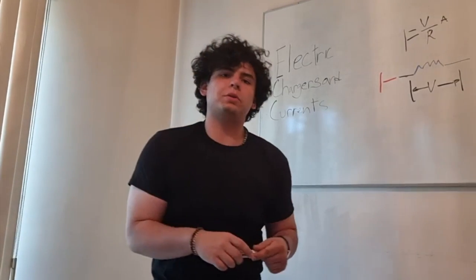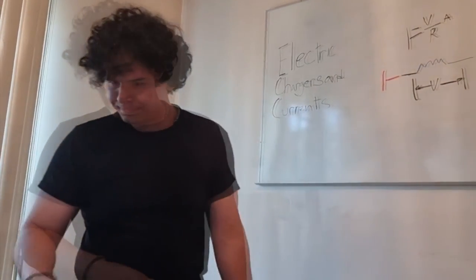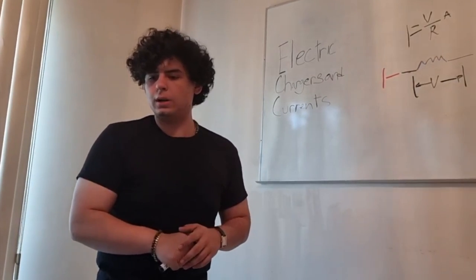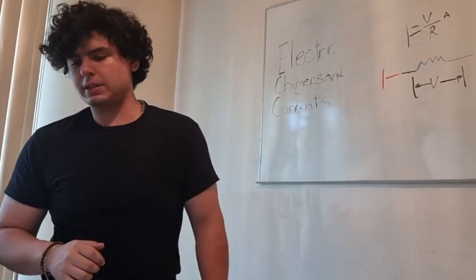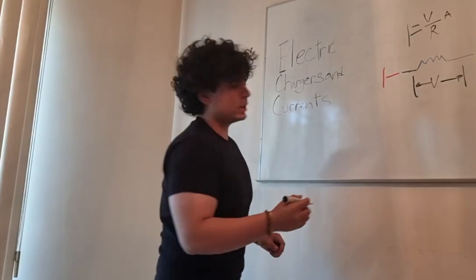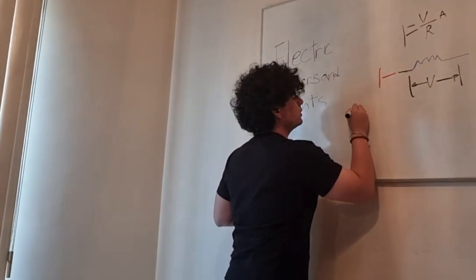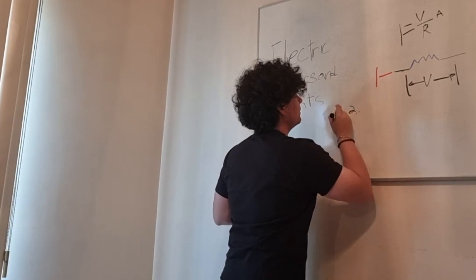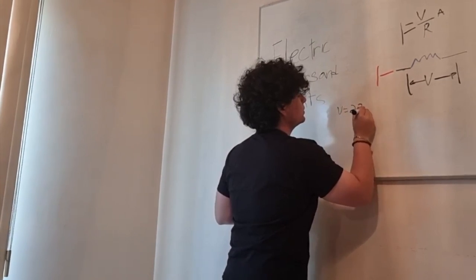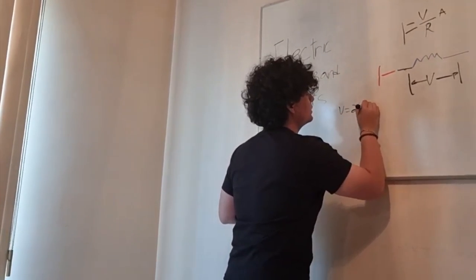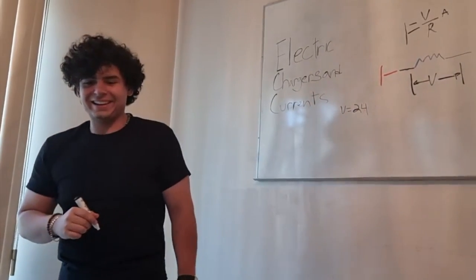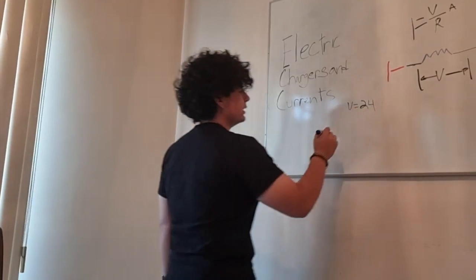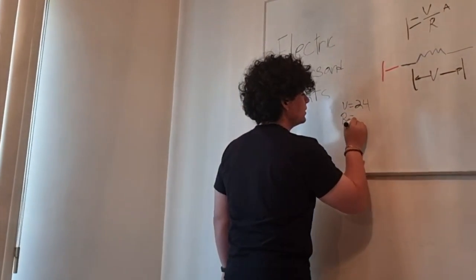And to finish the video for today, let's see this problem. As shown in the circuit below, a supply voltage of 24 volts is applied across a resistance of 12. We have 24 volts and a resistance of 12.